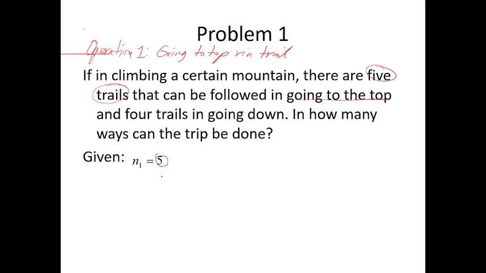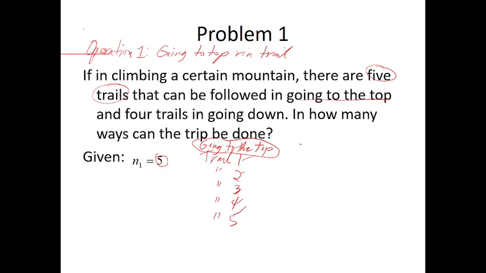It can be performed in 5 ways. So all the possibilities going to the top of a mountain: trail 1, trail 2, trail 3, trail 4, and trail 5. I can choose any of the 5 trails, right? So operation 1 can be performed in 5 ways because there are 5 possibilities.